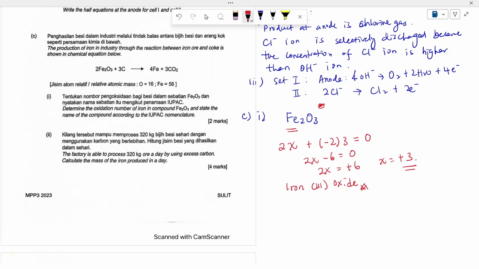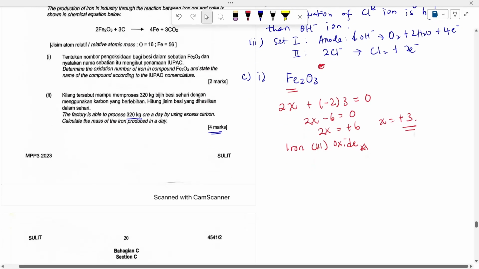Now question number 2. The factory is able to process 320 kilogram of ore a day by using excess carbon. Calculate the mass of the iron produced in a day, for 4 marks. How do we do this calculation?